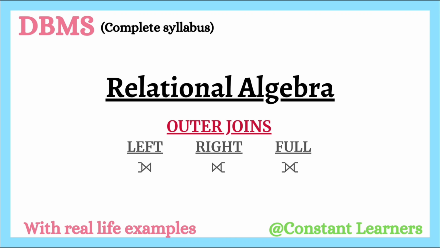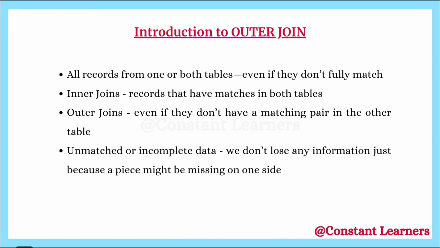In today's video, we are discussing the outer join operation in relational algebra. Outer joins let us see all records from one or both the tables even if they don't fully match. That means matching of records from the tables is not mandatory, unlike inner joins, which only return records that have matches in both the tables.